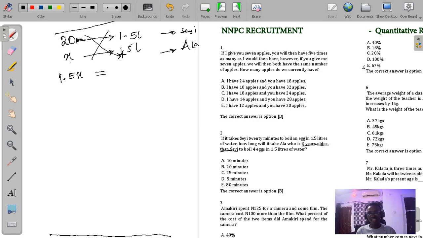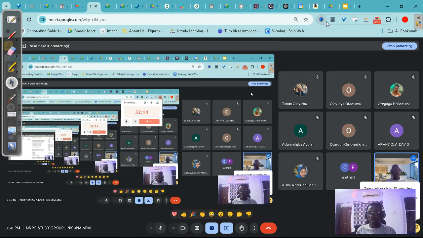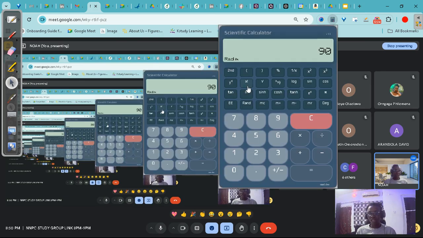What do you do? I think the best way is, I don't want to explain the long way, but just use the on-screen calculator. I'm very sure it will be provided. Let me take this off. So I have one on-screen calculator here, but my own is still a little more advanced. It's not the same. Okay, I think it's the same thing. Just that for the on-screen calculator, you might not see all this.